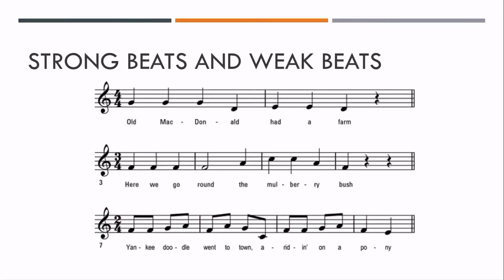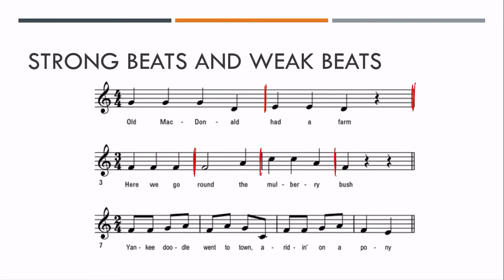So, for example, if you look here at this example, you can see the first line, we have a little snippet from Old MacDonald. You can see there are these little lines right here. Now, these are bar lines that show us where our measures are, okay? These little lines that you see me drawing are not the measures.